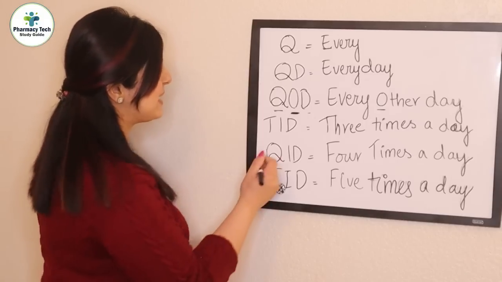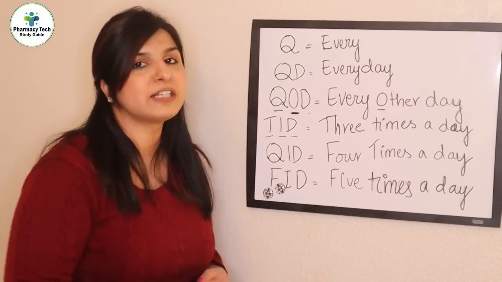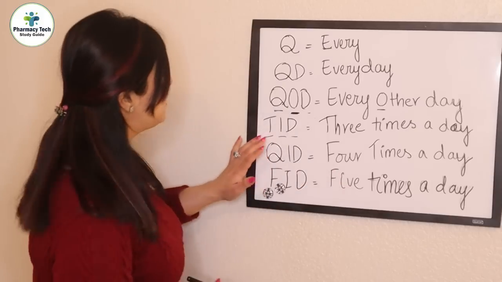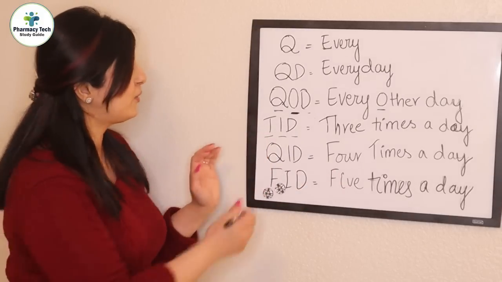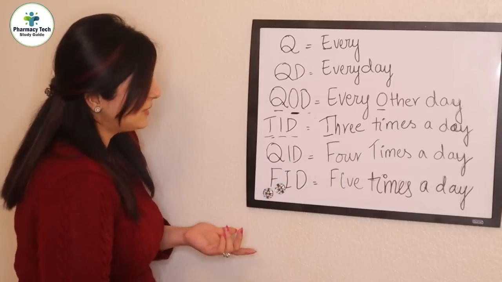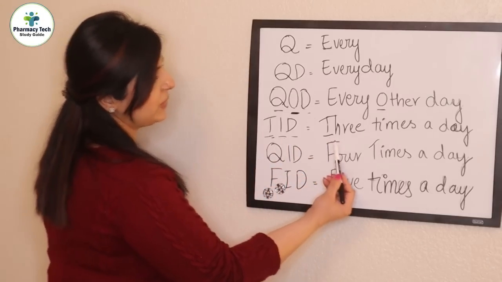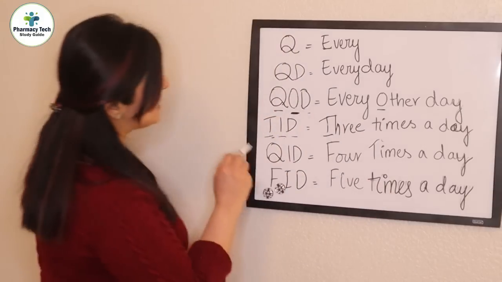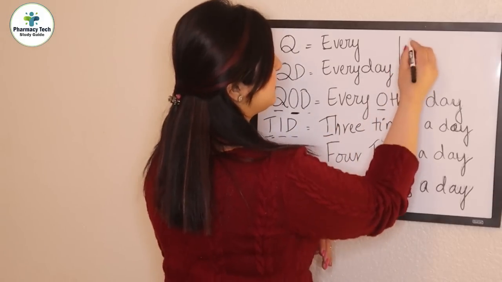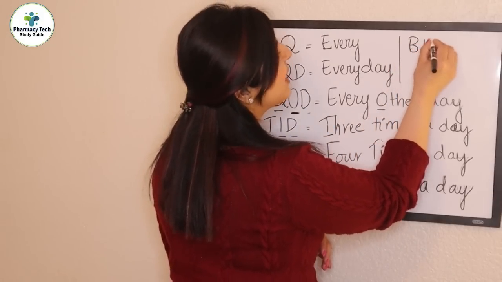The next up is TID. This is a very common one. T means three. So T for three, a simple one to remember. So TID would be 3 times a day. Now I skipped BID here. Didn't really skip it, but I forgot to mention it.